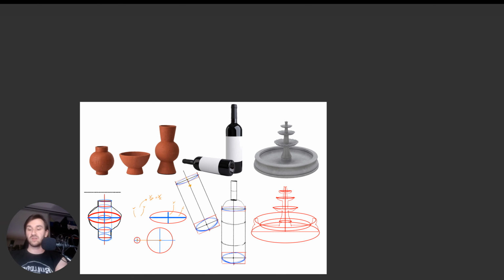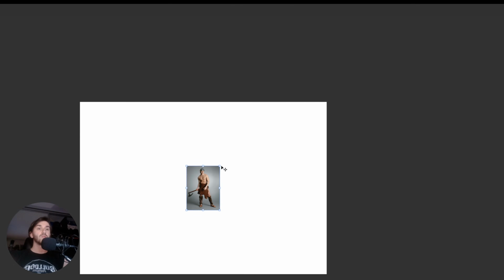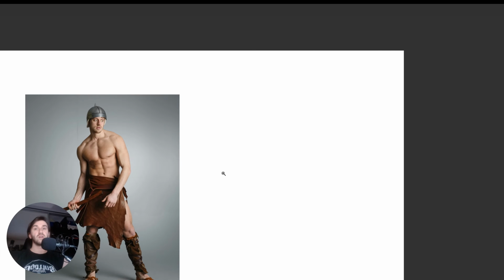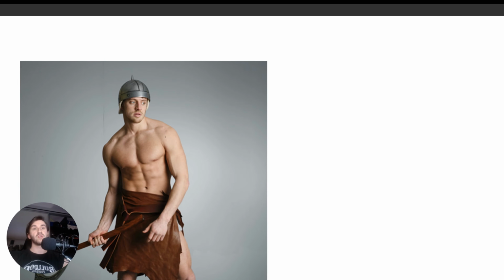So let me just find a reference, because for example, if we find some sort of a reference for, let's say, a human figure or for something like this, what we are dealing with in here is pretty much a batch of different shapes and ellipses and geometries. So let's say we can draw a circle in here.